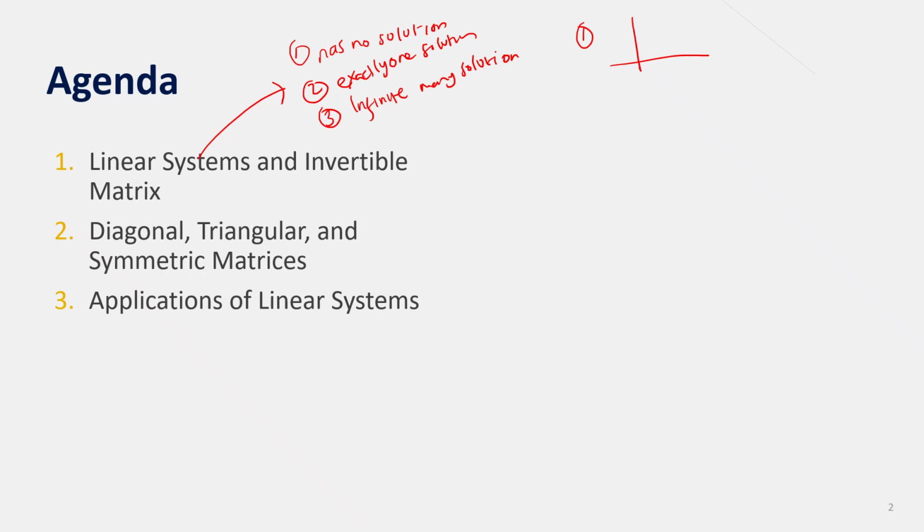If it has no solutions, it can be shown as a system of two equations where the two lines are parallel to each other, so they never meet at any point. Second, when you have exactly one solution, the lines cut into exactly one particular point.